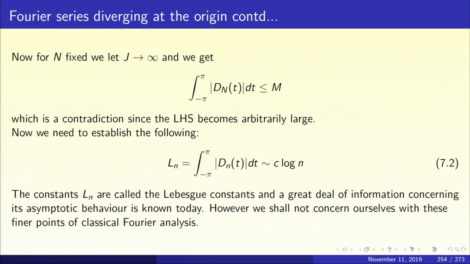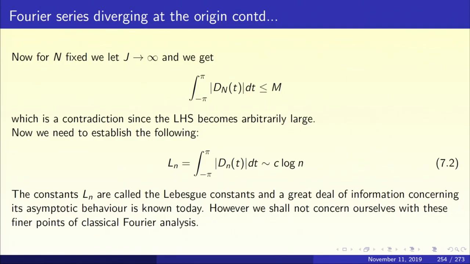We allow the j to go to infinity, we get integral minus pi to pi mod dn(t) dt less than or equal to m, because integral minus pi to pi mod fj(t) minus sigma(t) dt goes to 0 as j goes to infinity. And this is a contradiction because the left hand side becomes arbitrarily large. So we have finally legalized the proof by careful application of Lusin's theorem.